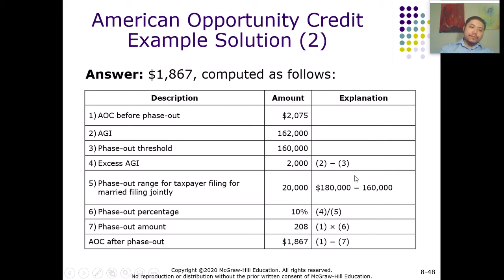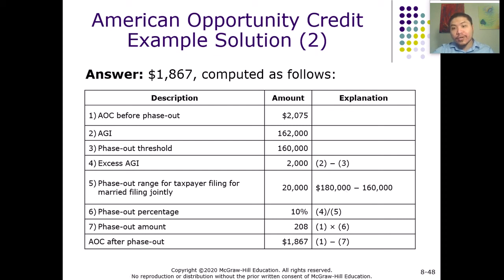First, we know the credit before phase-out is $2,075, her AGI is $162,000, and the phase-out threshold is $160,000. The amount above the threshold is $2,000: 162 minus 160. The range of the phase-out is $20,000, because it goes from $160,000 to $180,000.